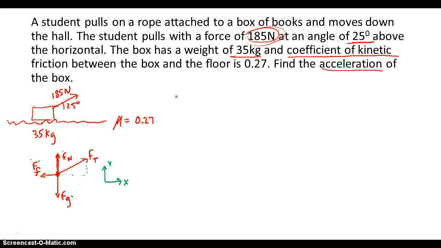So what we've got to do is take that force of tension, which is 185 newtons, and break it up into the x and y directions. We'll see why this is going to help us.